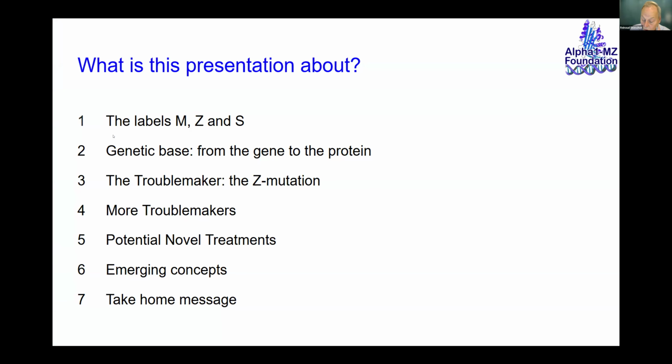We'll focus on what goes wrong in the Z mutation, where a single incorrect amino acid changes everything. We also look at other mutations that cause trouble. And finally, I'll share some of the developments in treatment options and emerging concepts like somatic rescue mutations. At the end, I'll leave you with a clear take-home message.